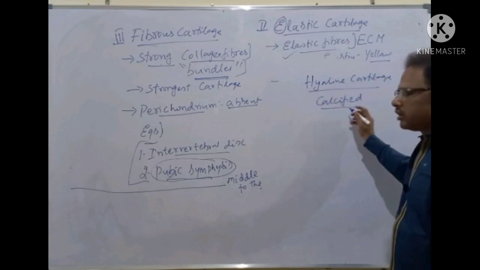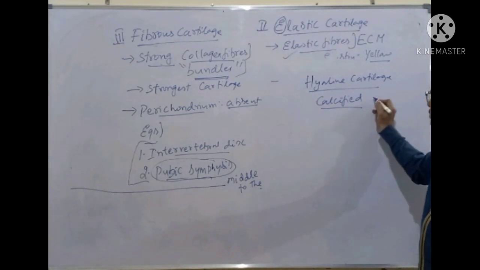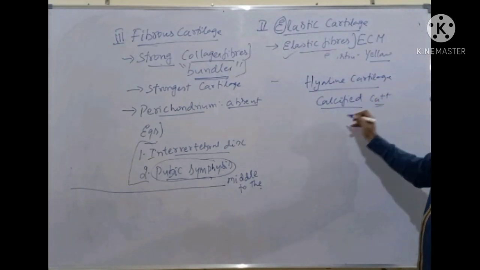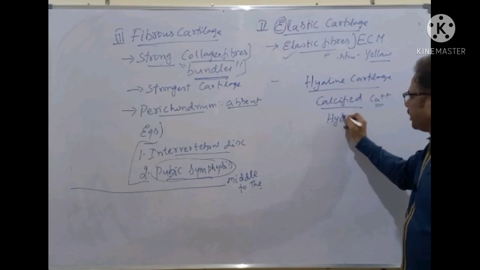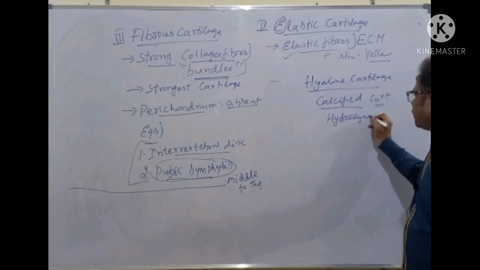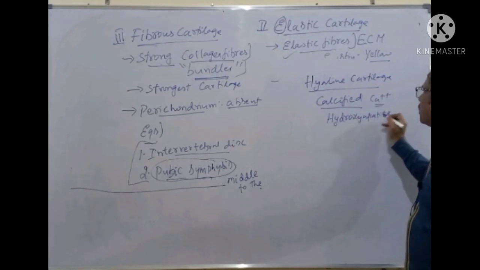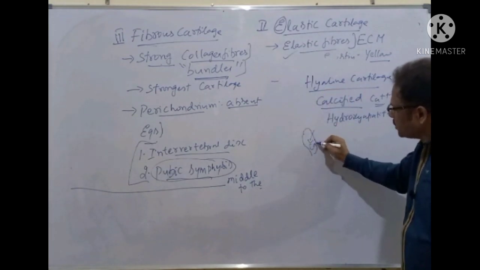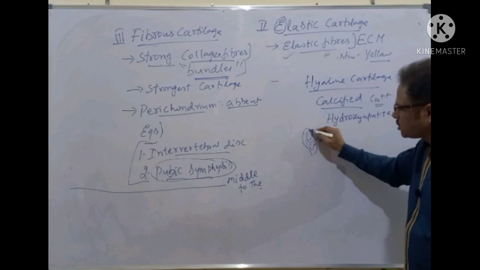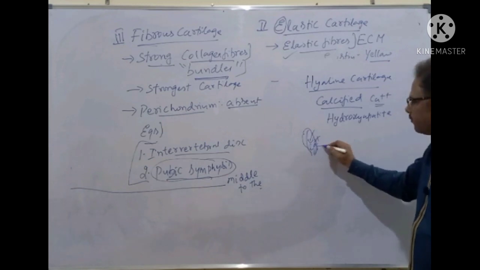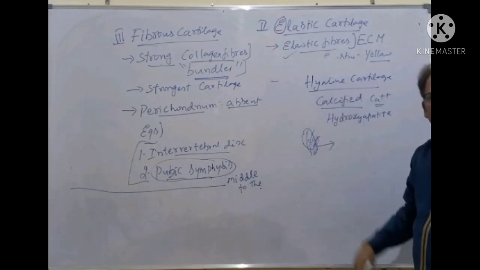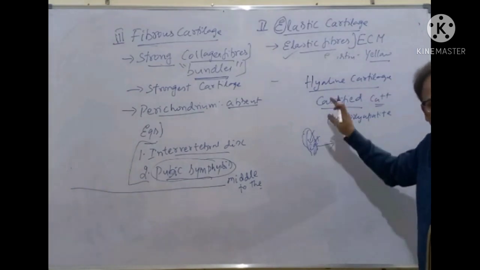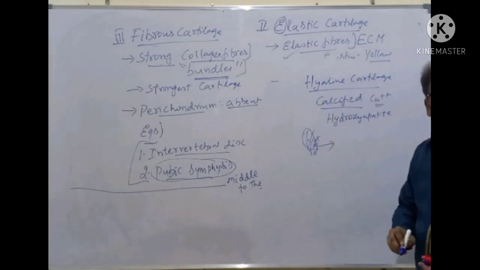I told you, more deposition of calcium salts in the form of hydroxyapatite. When the hyaline cartilage is having more deposition of these calcium salts, it becomes more strong, more hard, more tougher than hyaline cartilage, whereas hyaline cartilage is very much weaker because it is made of the delicate collagen fibers.